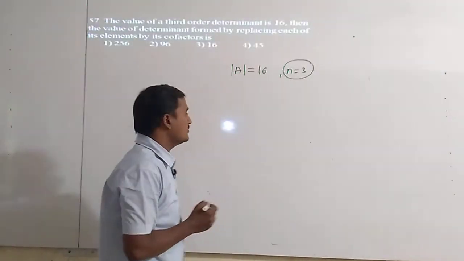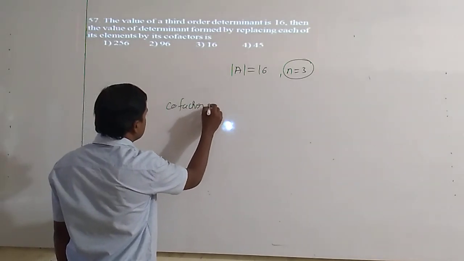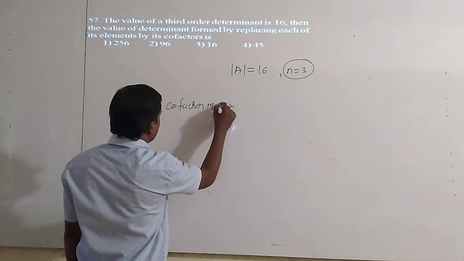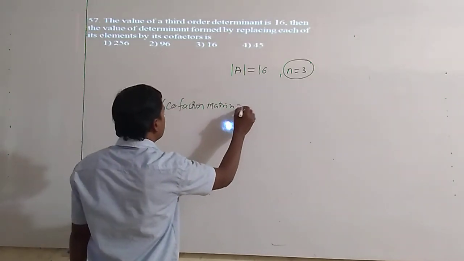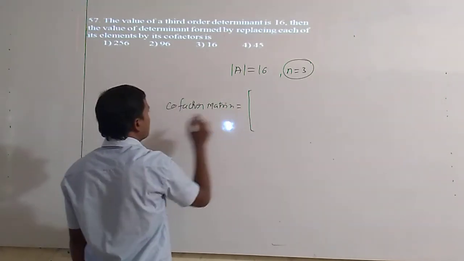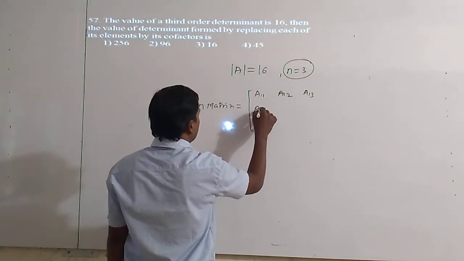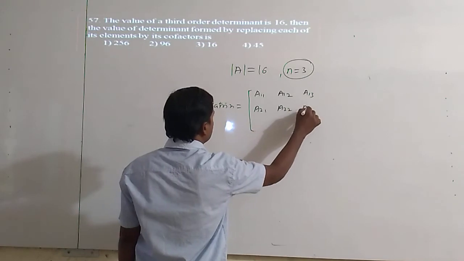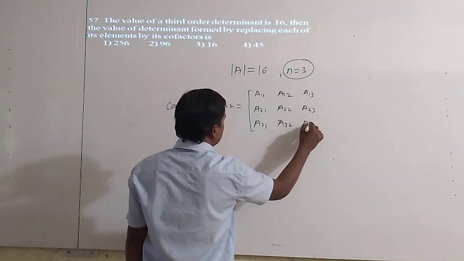So you already know that cofactor matrix, whose cofactor matrix is given by A11, A12, A13, A21, A22, A23, A31, A32, and A33, right?